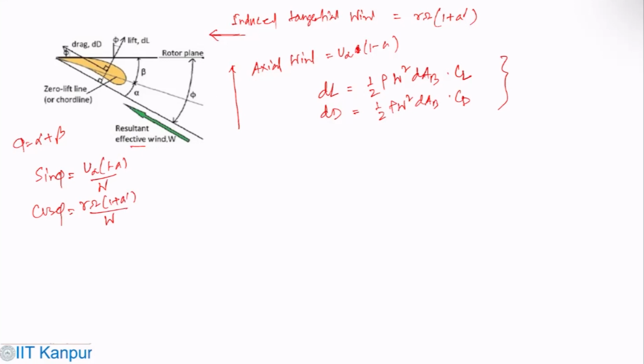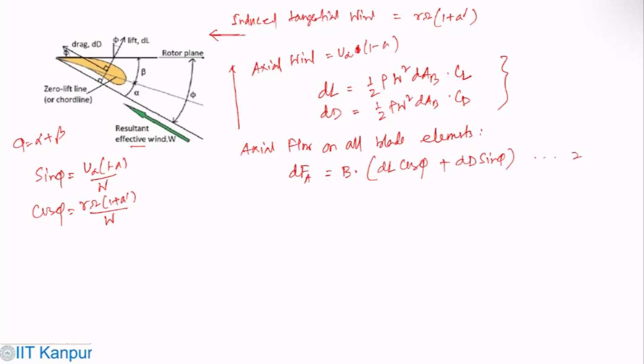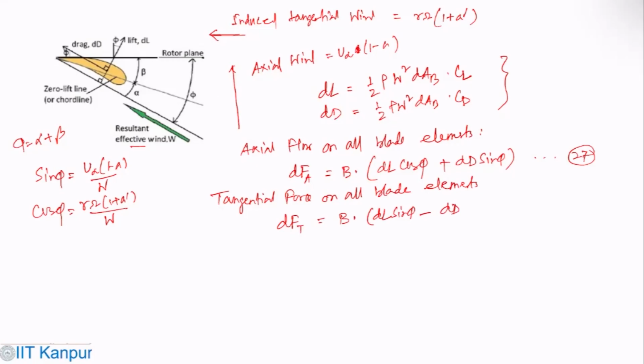Then we have the axial force on all blade elements, that is dFa, which equals b into (dL cos phi plus dD sin phi), and we can have the tangential force on all blade elements, that would be dFt, b into (dL sin phi minus dD cos phi), which is equation 28.